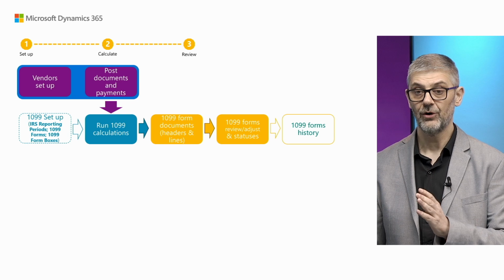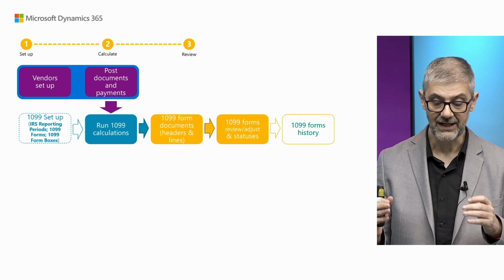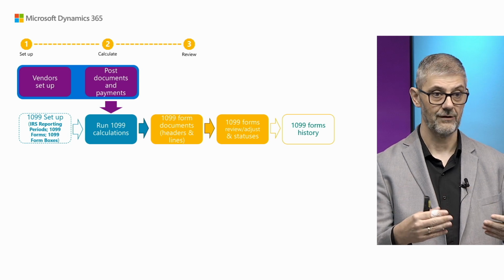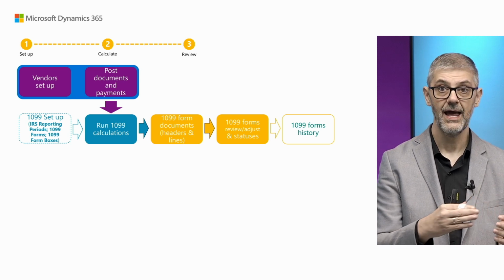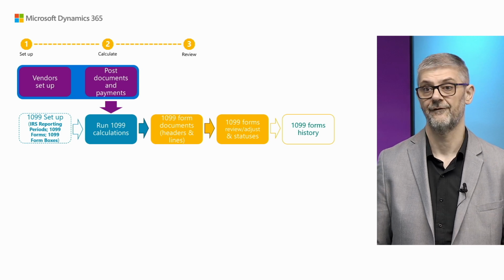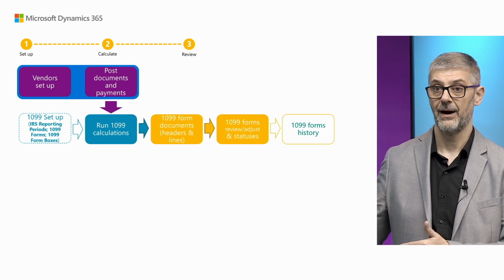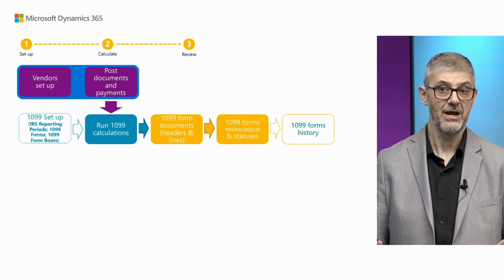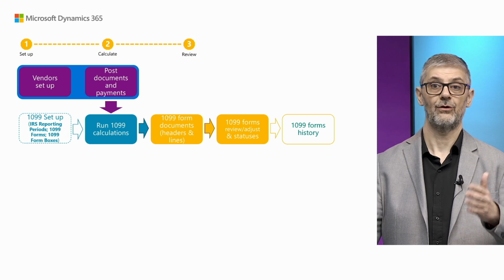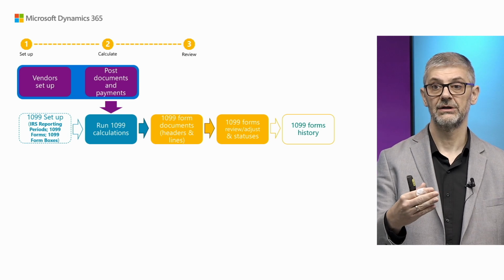And more important, after reporting, we will have 1099 forms in a history. So you can check history from previous years, and of course, you can configure your retention policy if you have thousands of forms and you are taking care about your database space. Yes, you can configure your retention policy and you can remove, for example, forms more than 3 years old.